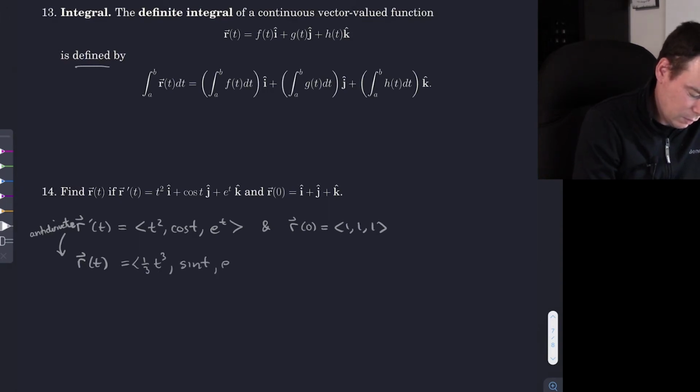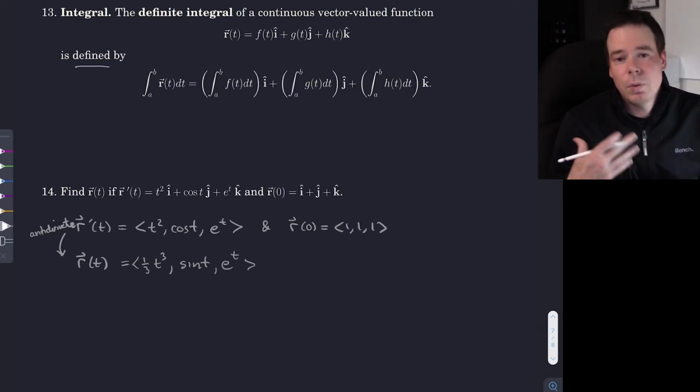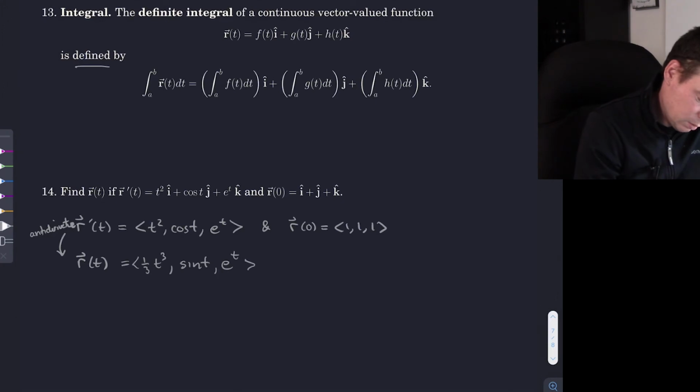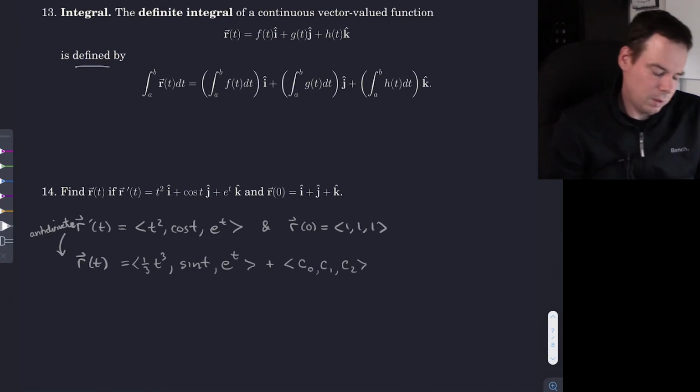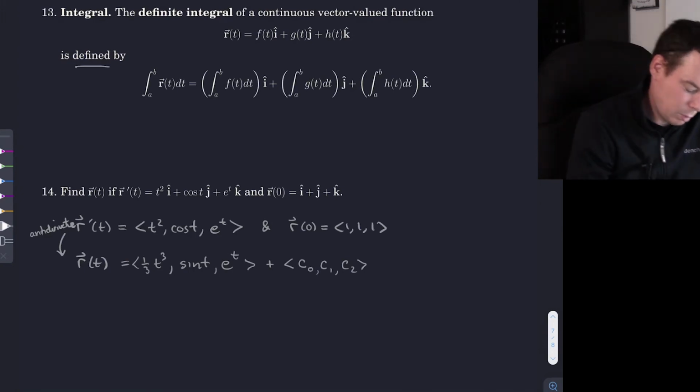The antiderivative of e to the t is e to the t. But when we do an antidifferentiation, we always get a constant of integration. Here the constant of integration would be a vector. We'd get a constant for each component, so let's say C0, C1, and C2.